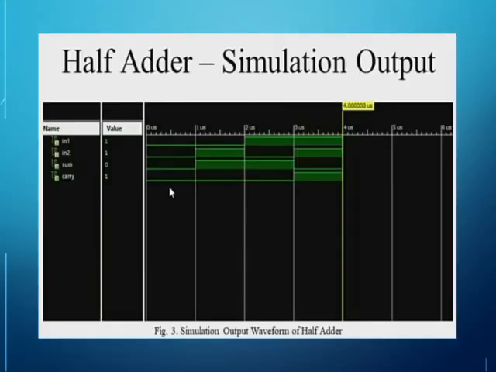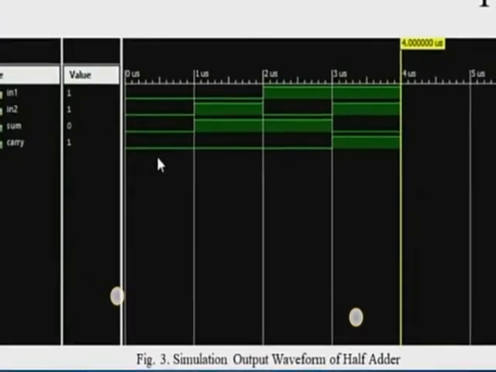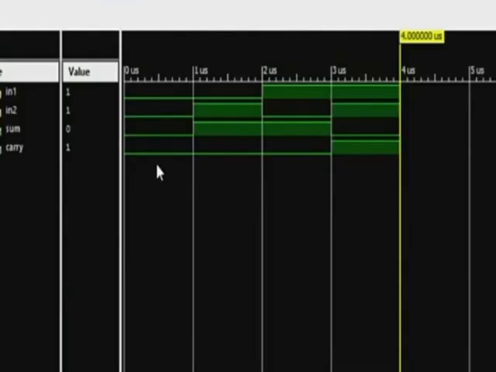Coming to the simulation mode, we obtain the simulation output like this. See, when A is 0 and B is 0, sum is 0 and carry is also 0. When A is 0 and B is 1, we get sum as 1 and carry as 0.